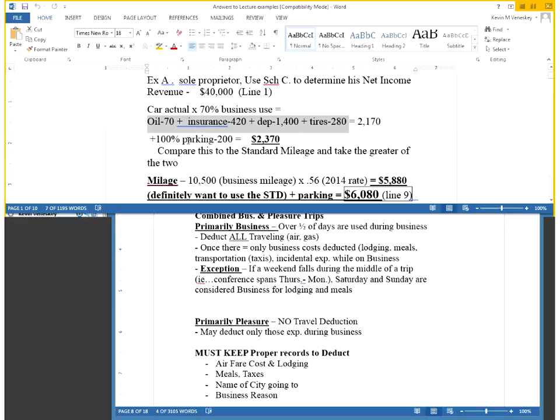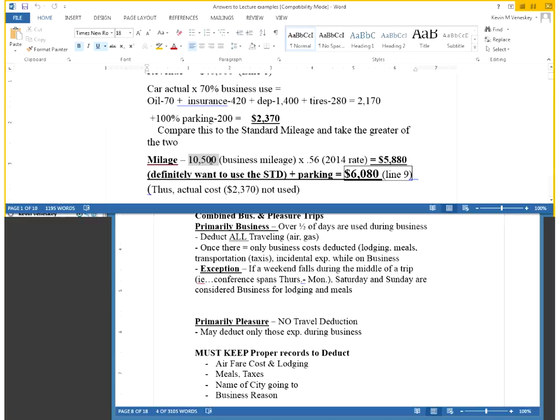Parking, you can take all of it, as long as the parking was for business. So $21.70 was 70% of all of these costs, and then add in another $200. So compare $23.70 to the business mileage at 56 cents per mile. Notice it's way over. So by far the standard mileage is the better option here.